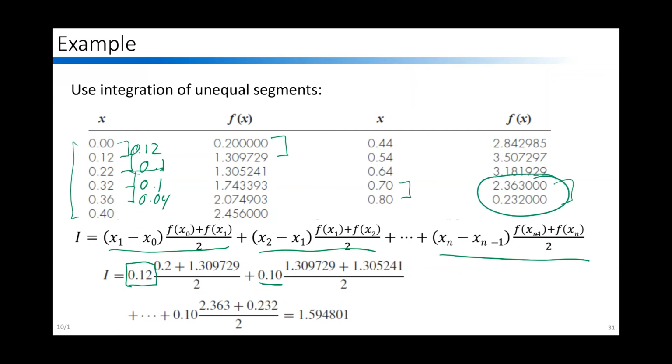And then I can take the functional values, so 2.363 plus 0.232, divide those by 2, and sum all the pieces together. And here I get 1.948. So we can use these ideas of the trapezoidal formula for both equally spaced data and unequally spaced data.